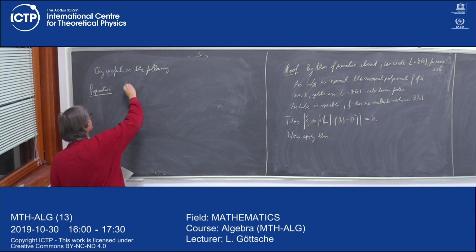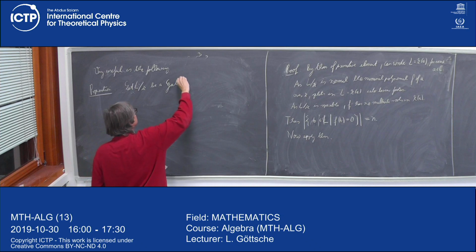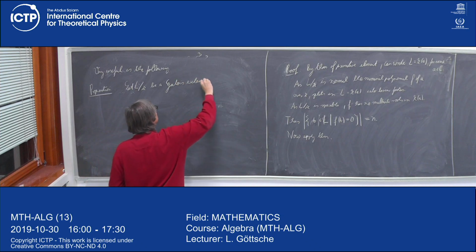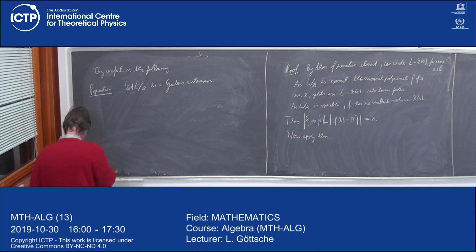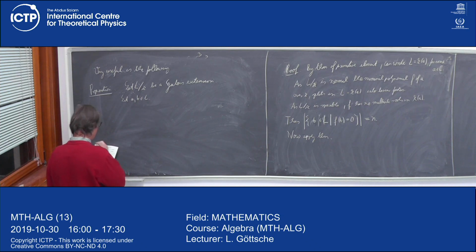So we take again a Galois extension, and let's take two elements in the bigger field. And we ask ourselves, when is there an element in the Galois group which sends one to the other? The statement is very simple.